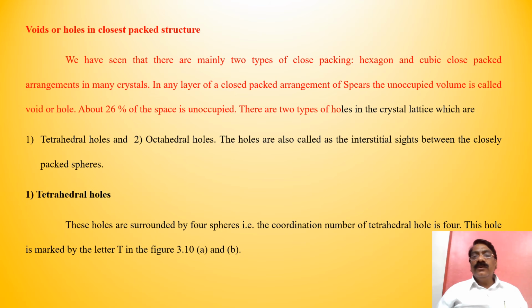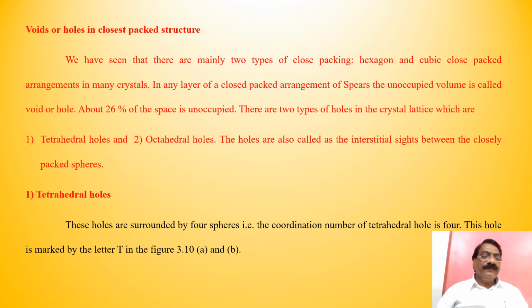There are two types of holes or voids formed in the crystal lattice: first, tetrahedral holes or voids, and second, octahedral holes or voids. The holes are also called interstitial sites between the closely packed spheres.